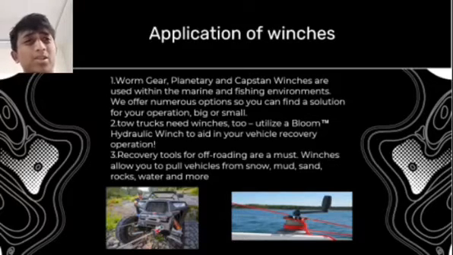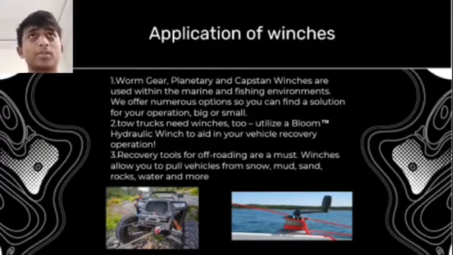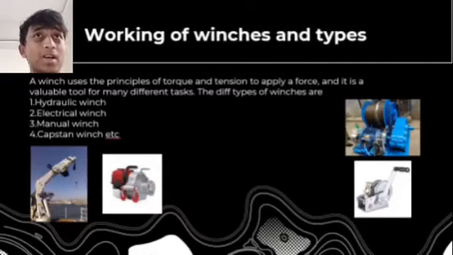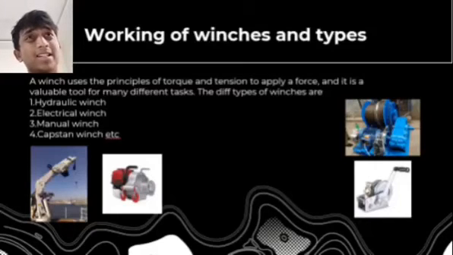It can also be used as a recovery tool, and in many manufacturing industries. What's the working of a winch? A winch basically works on the principle of torque and tension to apply force. It's a valuable tool and it has many different types, such as the capstan winch, the electrical winch, and the manual winch.